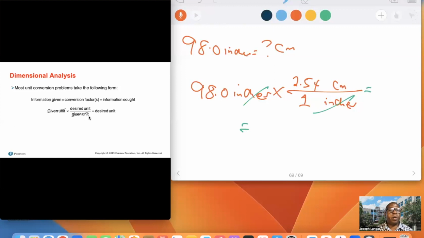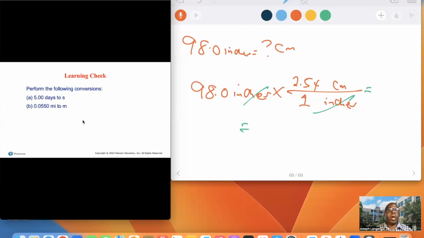So the point is, how do you set up your equation using this approach to arrive at the final answer?